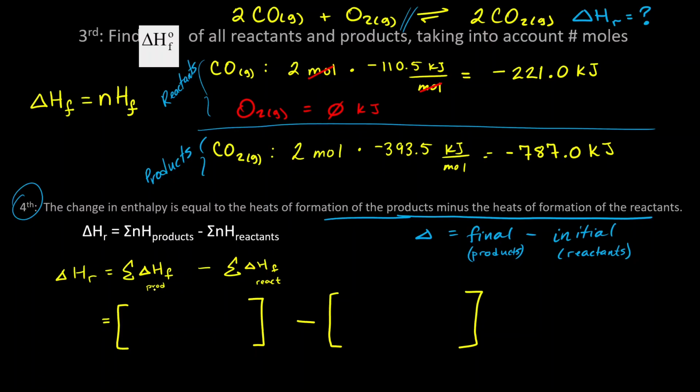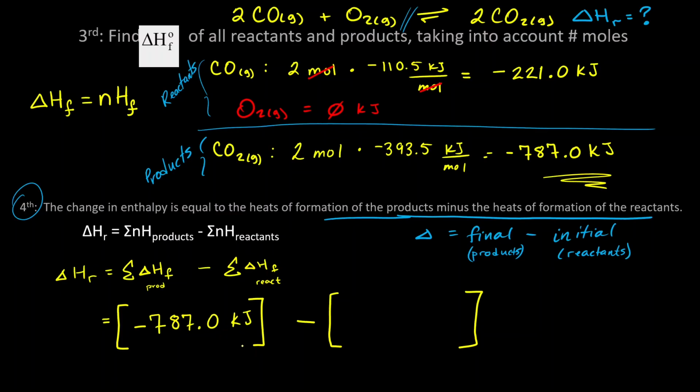So products. Products are, in this case, on the right-hand side, the carbon dioxide. So our carbon dioxide value is negative 787.0 kilojoules per mole. I'm going to pop that in this big old bracket. So there's my product. Oh, did I say per mole?